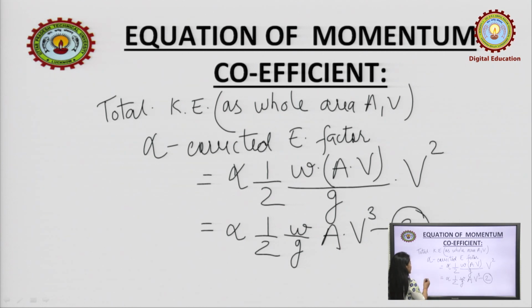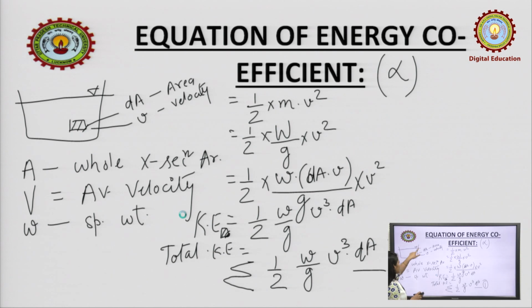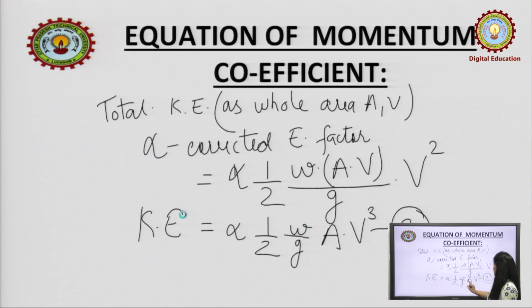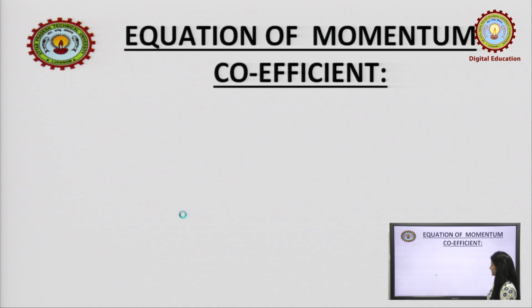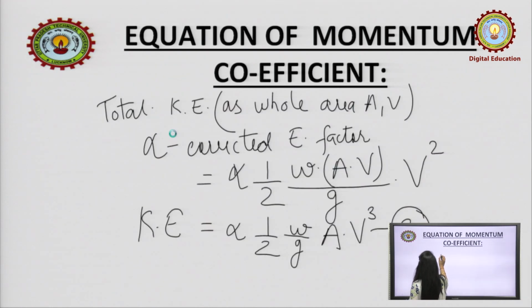This kinetic energy with the corrected energy factor we have found as a whole body, the whole surface we have considered, and the other one through the summation. So, both should be equal. Equating equation 1 and 2, what are we getting?